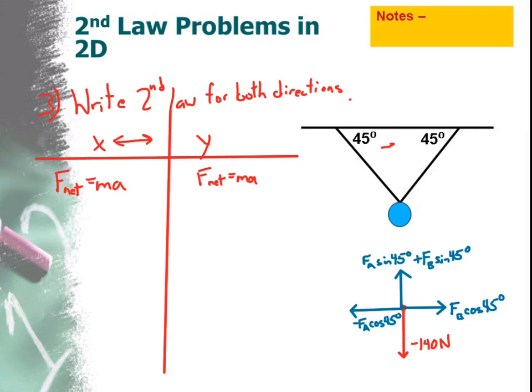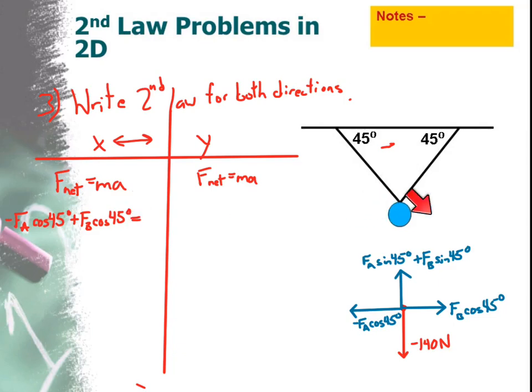And now, let's remind ourselves that X is the horizontal direction, Y is the vertical direction. My two horizontal forces are negative F A cosine 45 and F sub B cosine 45. So I add those two up together, and I need to set those to mass times acceleration.